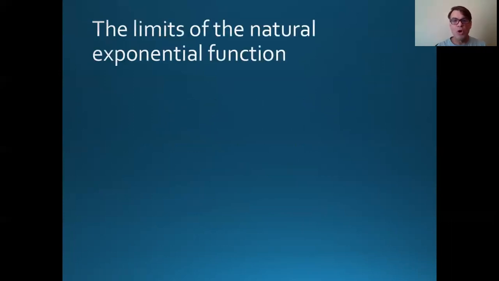Now, taking care of business, limits of the natural exponential function. Let's start with this one. What is the limit of e to the x as x approaches negative infinity? If you have a negative power, you flip it. A negative power means you put it in the denominator. So as x approaches negative infinity, it's 1 over a larger and larger number, a fraction getting smaller and smaller.